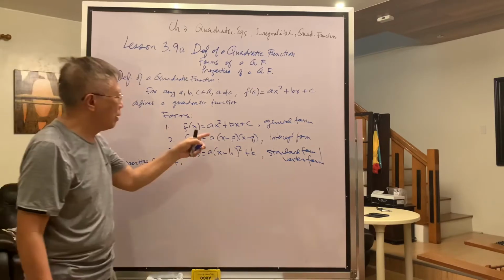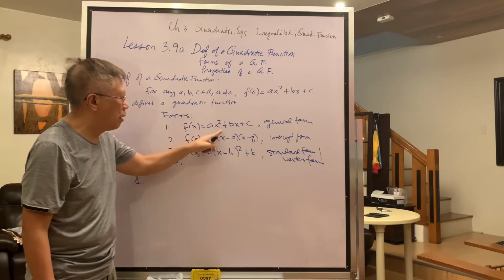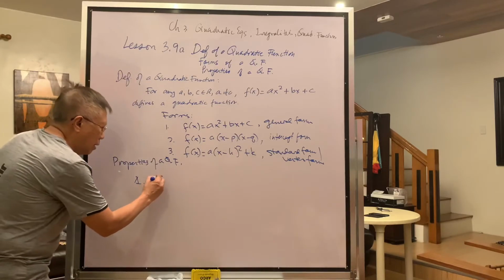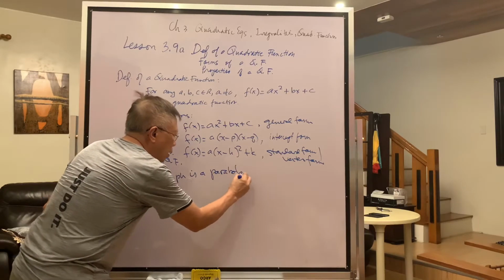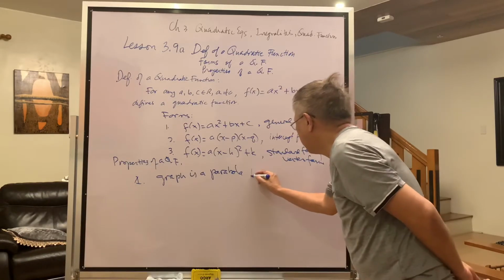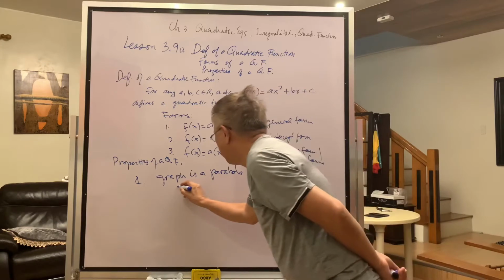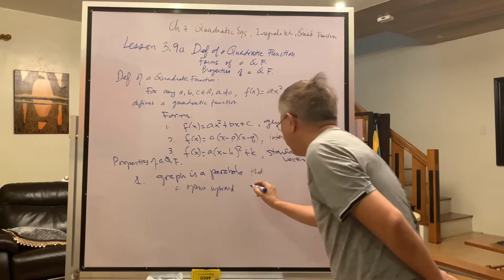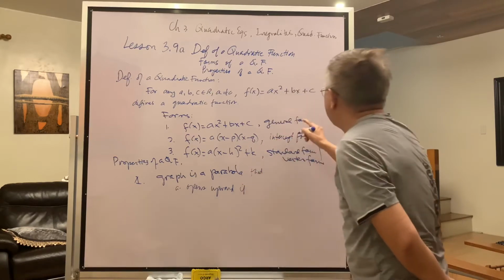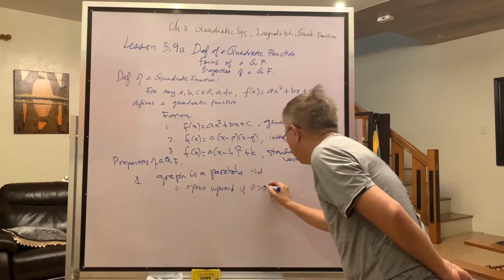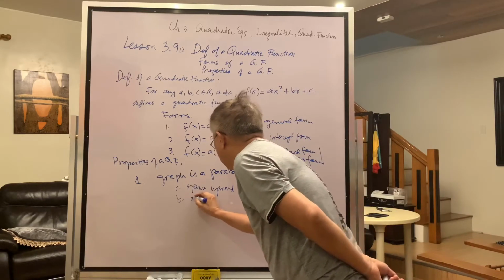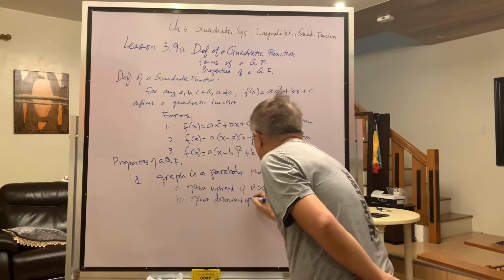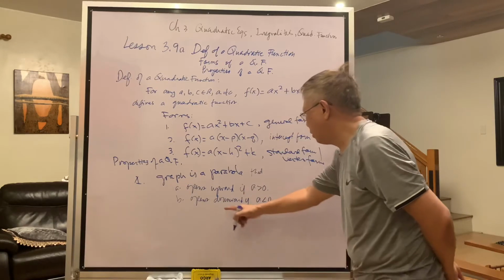Number one, if you look at this form here, f of x equals ax squared plus bx plus c, the graph of this is a parabola that opens upward, or concave upward, if a is positive, and the parabola opens downward if a is less than 0, or it's concave downward.